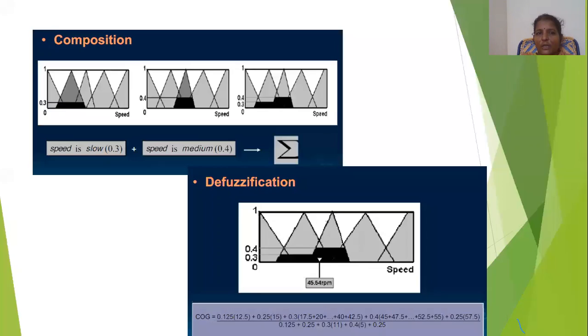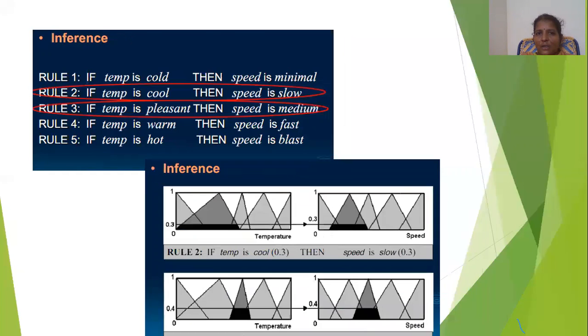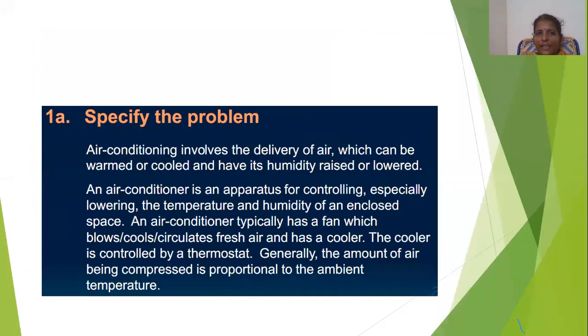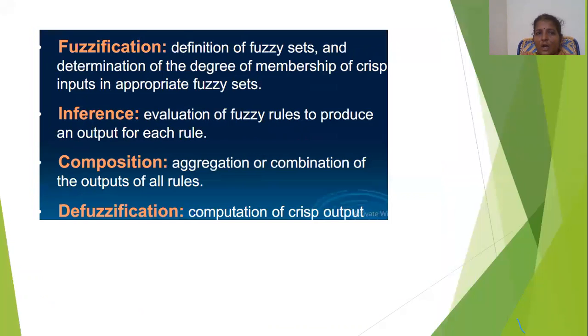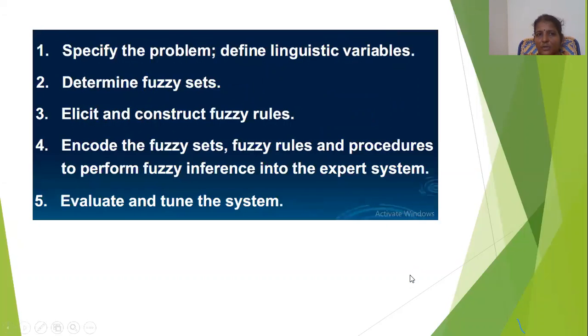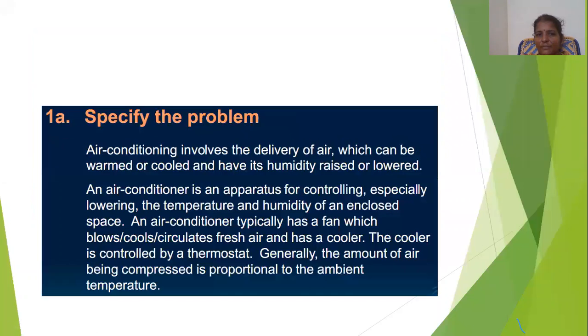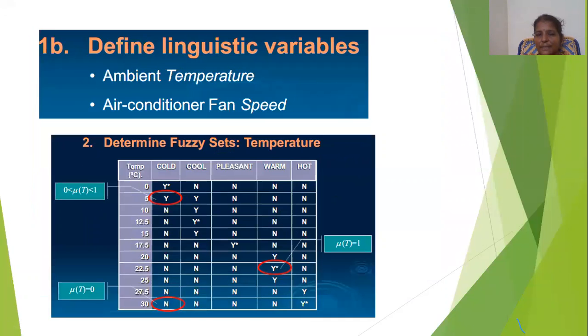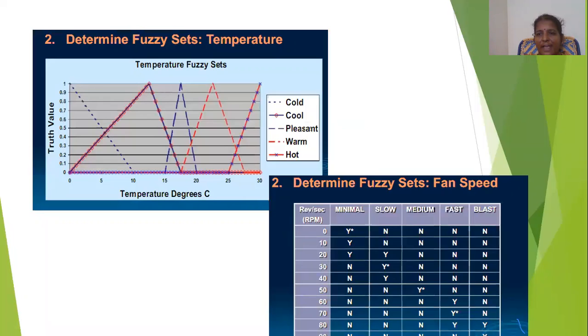This is one of the best examples where you are going through all four processes: fuzzification, inference, composition, and defuzzification. Hope it is clear for everyone. First step, defining the problem, linguistic variables or linguistic values, determining fuzzy sets for temperature and fan speed.